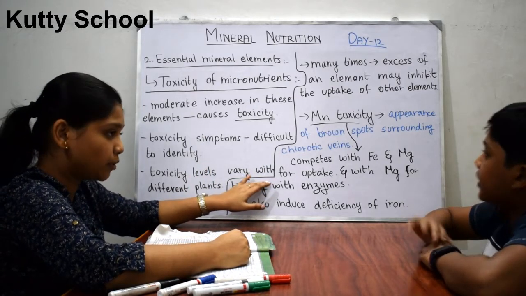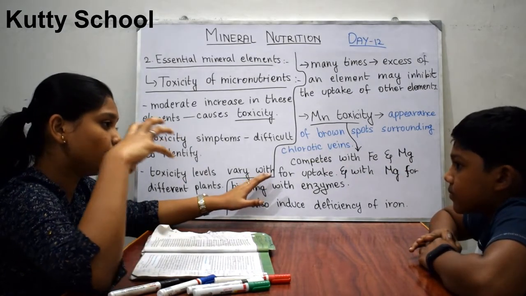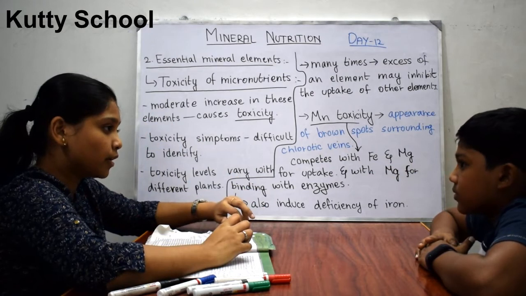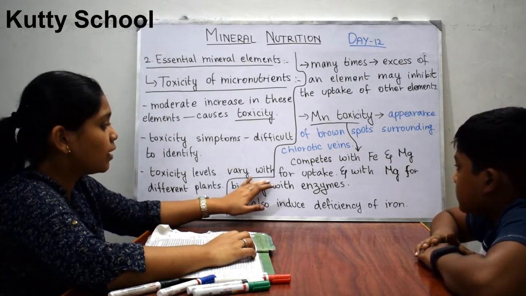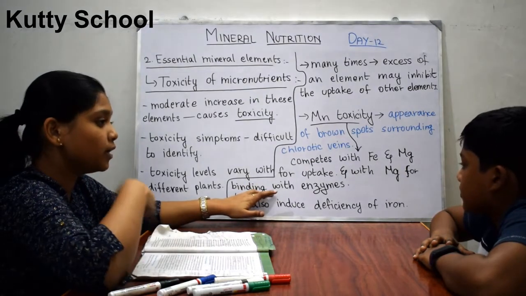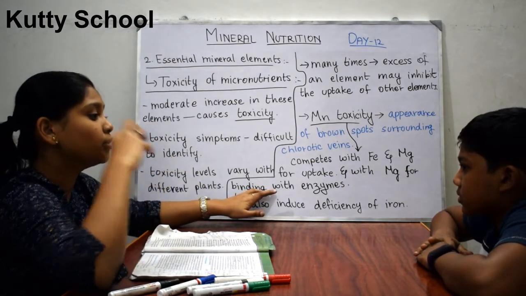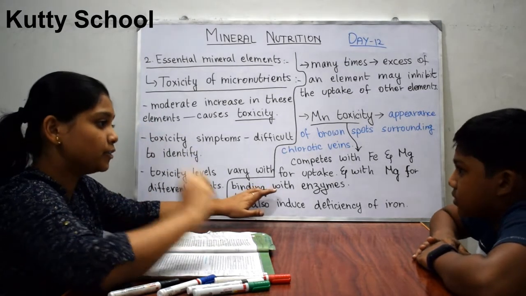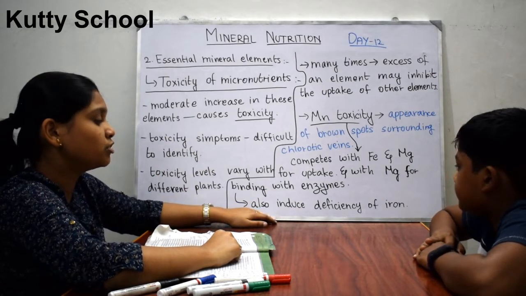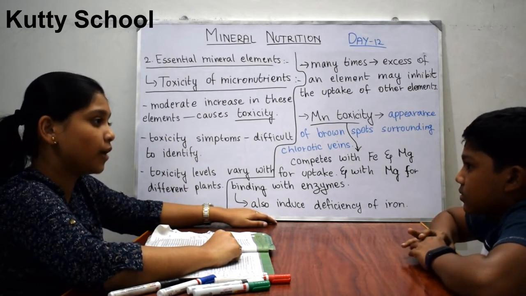It also competes with magnesium for binding with enzymes. Manganese does not allow magnesium to bind with enzymes; it is always the manganese that binds. It also induces deficiency of iron.